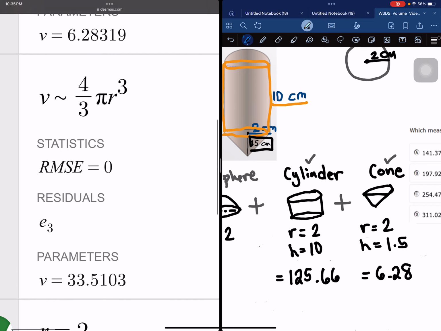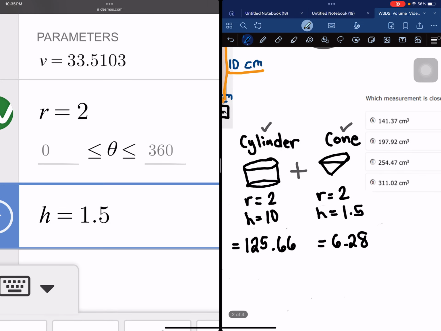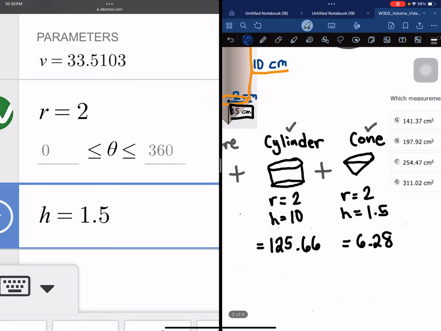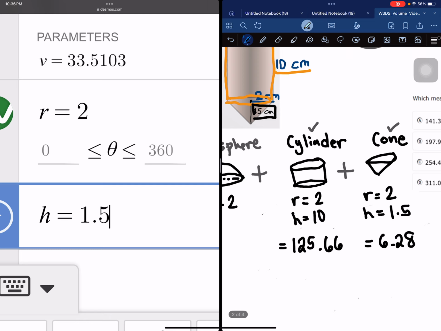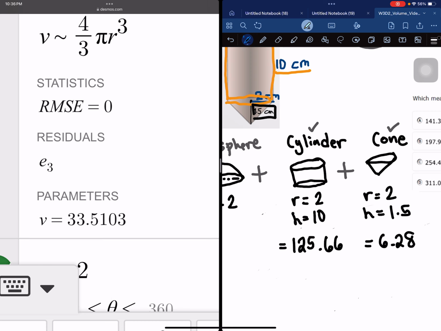Finally, for our hemisphere, we don't need any height, so we're just going to simply get 33.5.